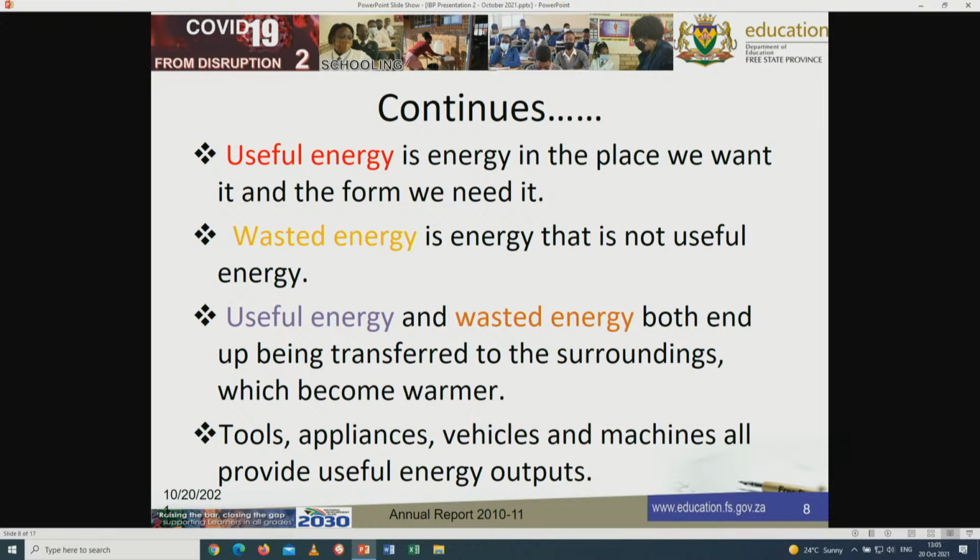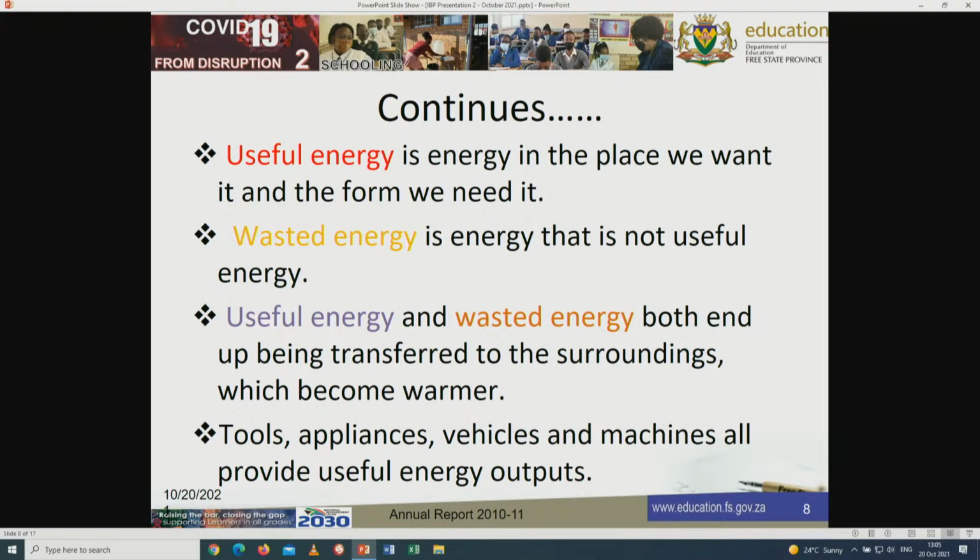That energy is useful once that energy is at the right time, right place, and in a correct form. We use it, we get everything important for us from it. Then we know that we have used that energy rightfully so, or the right way.